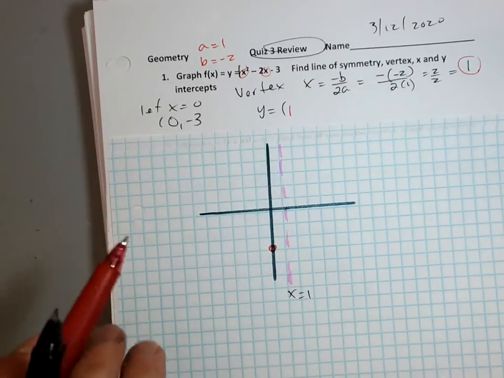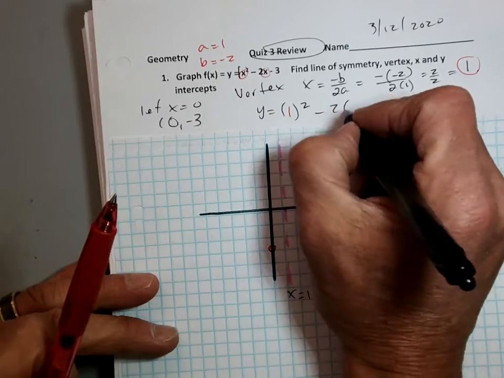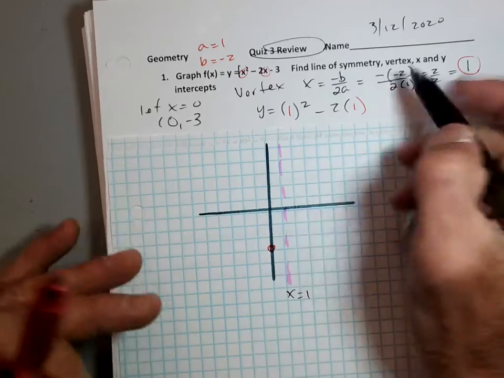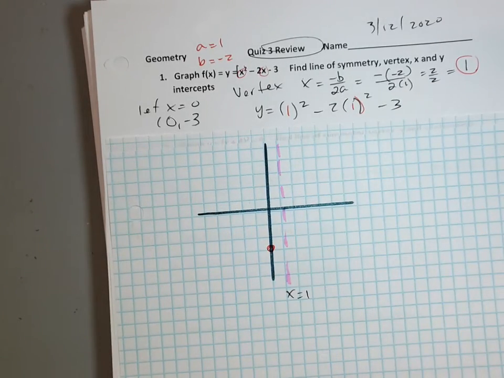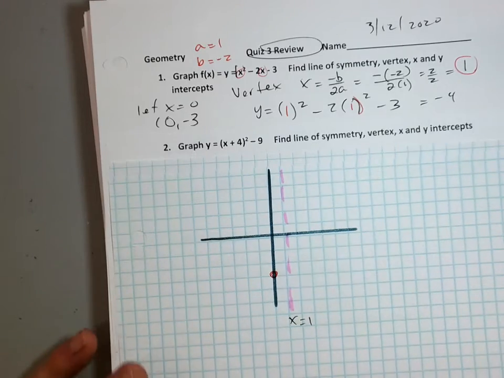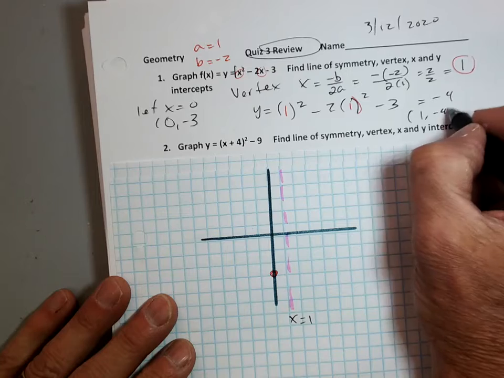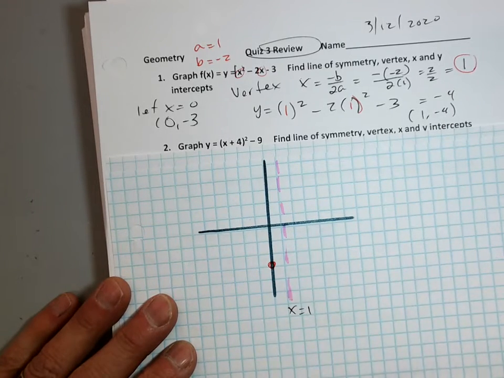So I'm going to go 1 squared minus 2, plug in my 1, minus 3. Let's see, that's 1 minus 2 minus 3, should be a -4, I bet. I think that's -4. So I have a vertex at 1, -4. Okay, so then I can go ahead and put my 1, -4 right there.